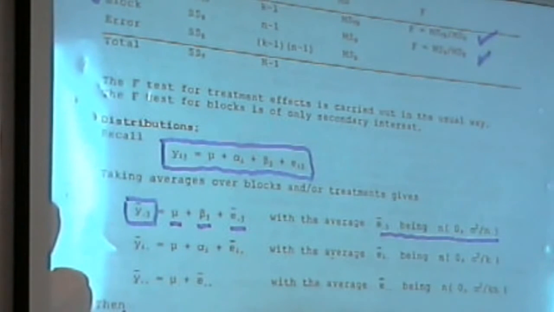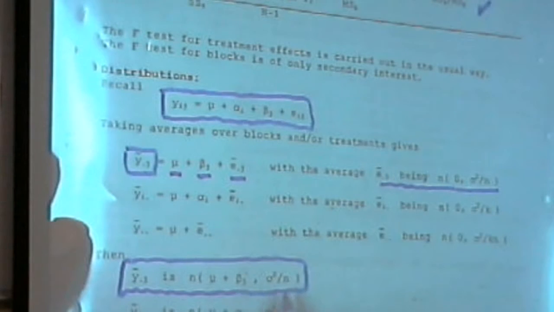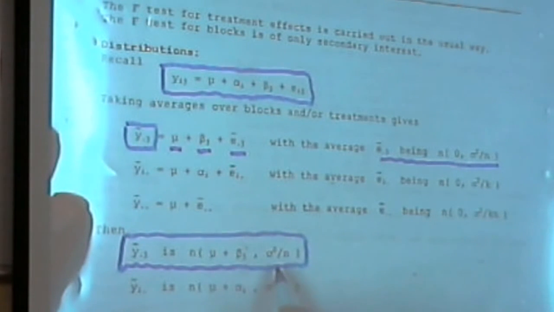Then down here below, I alternately wrote that information in a different form. The y bar dot j's, those are the averages down the columns, right? They have this distribution: normal with that mean, variance sigma squared over n.